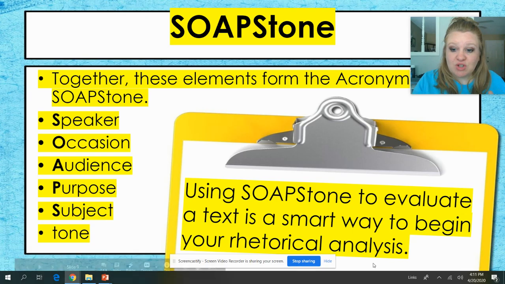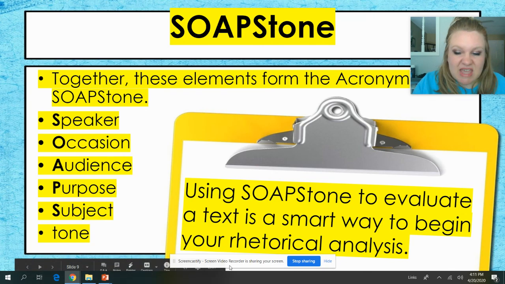So using SOAPStone to evaluate a text is a smart way to begin your rhetorical analysis. Okay, you guys, make sure you have these written down. We're going to use these notes tomorrow when we start reading a speech, and we're going to break those down into speaker, occasion, audience, purpose, subject, and tone, and be ready to think about speeches from history, some famous speeches.